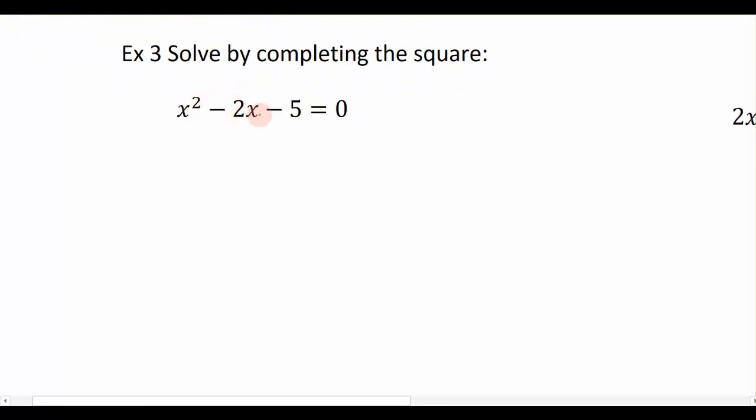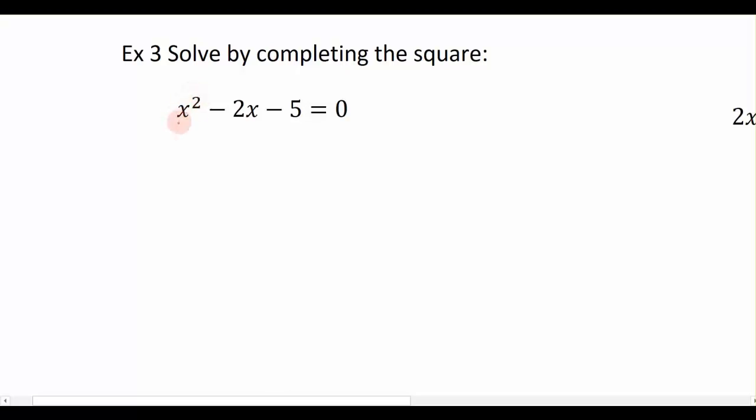What we want to begin looking at is my leading coefficient, my a, which is the coefficient next to my squared term. Is a equal to 1? In this case, a is equal to 1, and so that's great. We can move on to the next step. We'll work an example when a isn't 1, but this is, so let's move on.